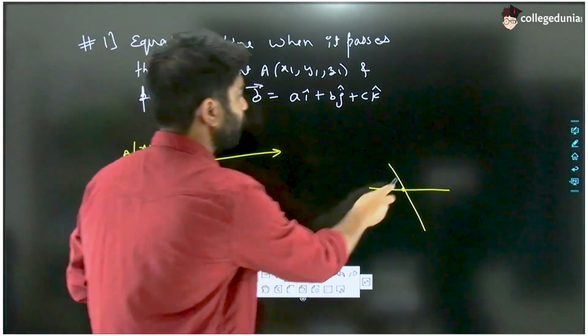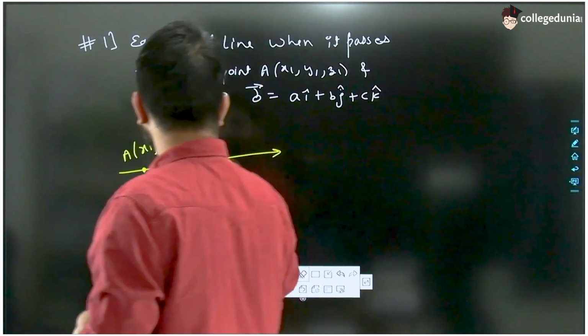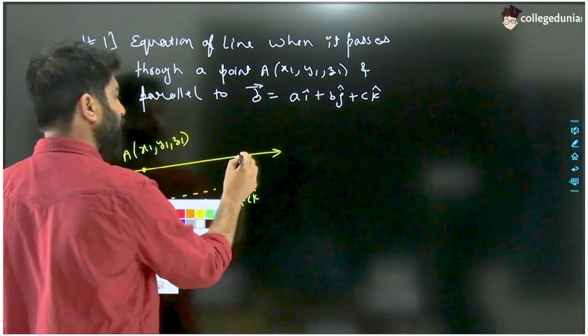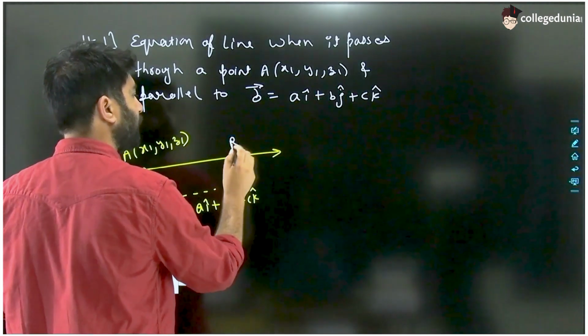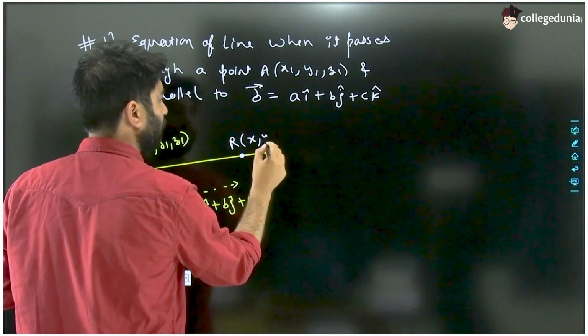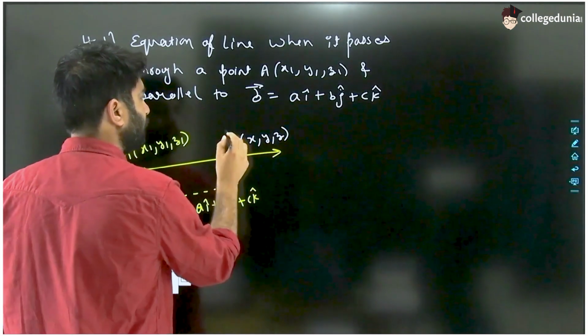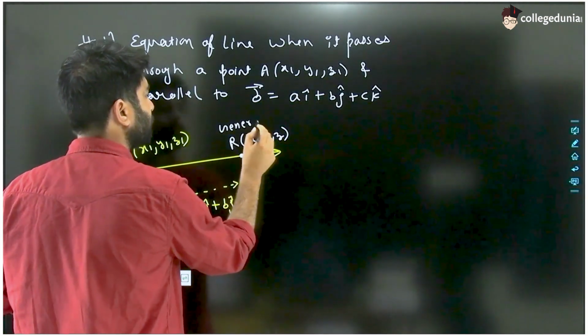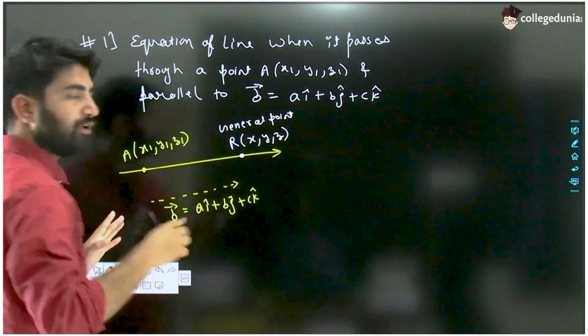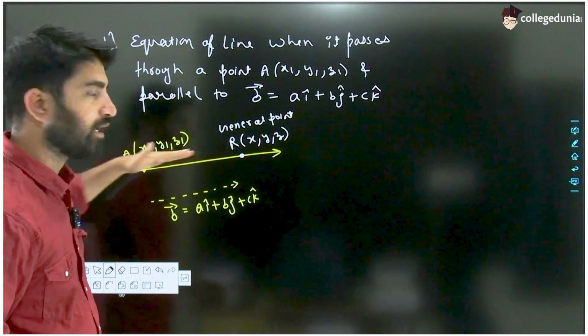So now, how do we find the equation of this line? For finding the equation, we will assume that there's a general point R on this straight line, and the coordinates of R will be x, y and z. This is a general point on this straight line. We know that there are infinite number of points on this line, right?